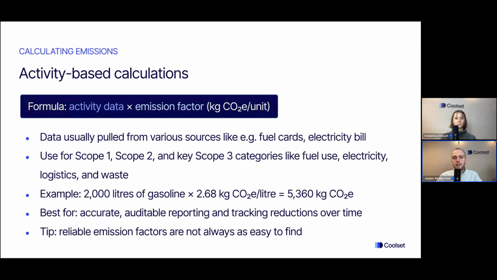Another slide here on activity-based calculations, quite similar to the one before, just a bit more nuanced on what kind of data you're using. So here the formula is essentially very similar, just instead of euros, they're using activity data. And the data is usually pulled from various sources, like, for example, fuel cards or your electricity bill. But for example, we're also working with various companies that are working with LCA suppliers, or that are asking their suppliers for supplier-specific emissions.